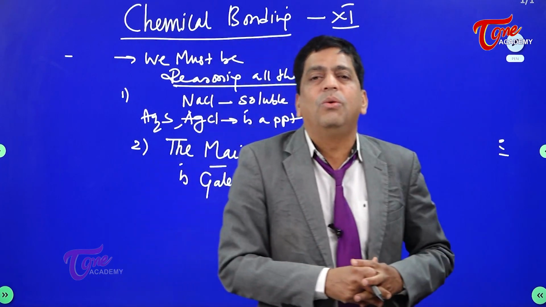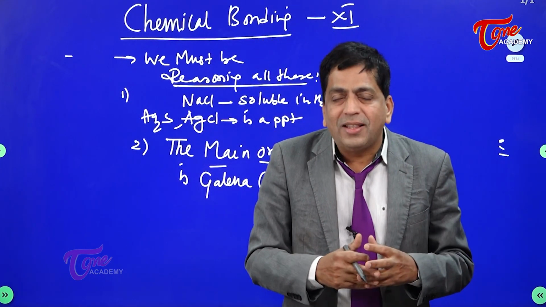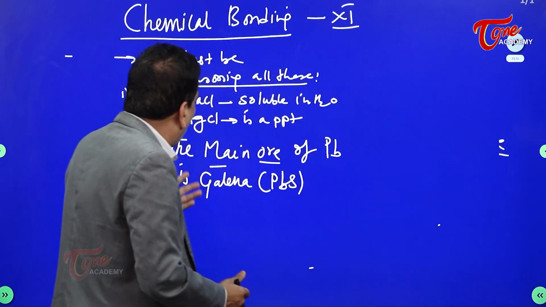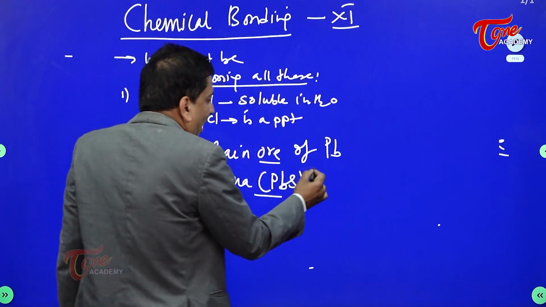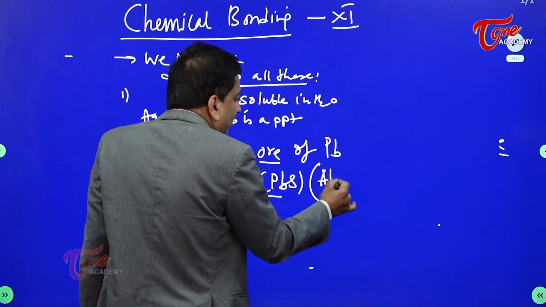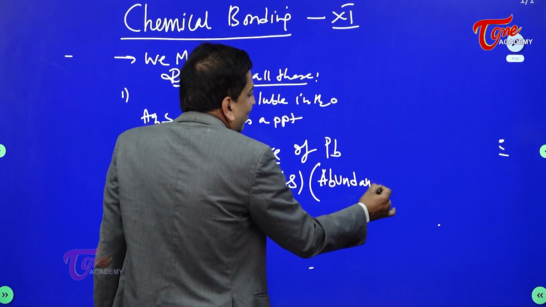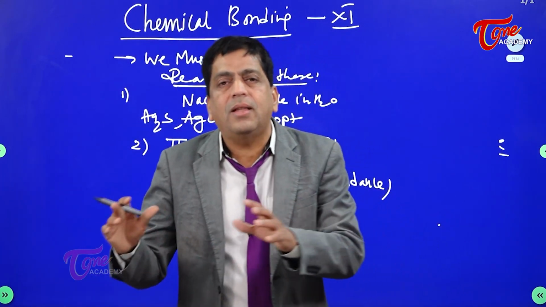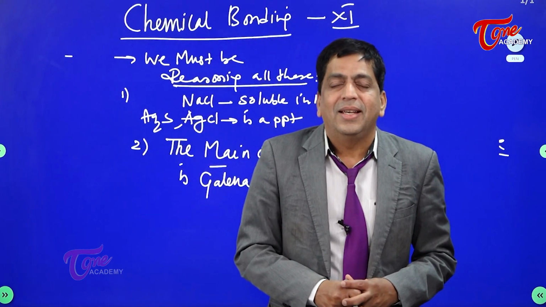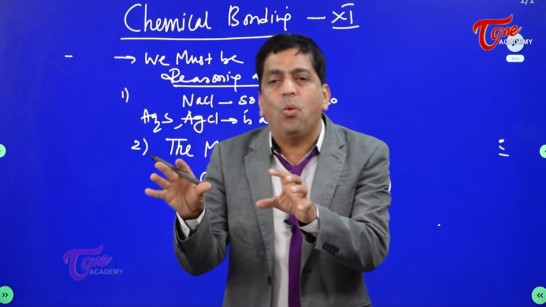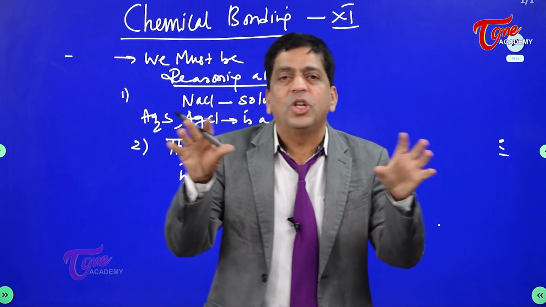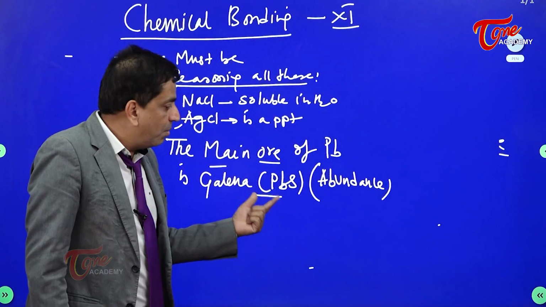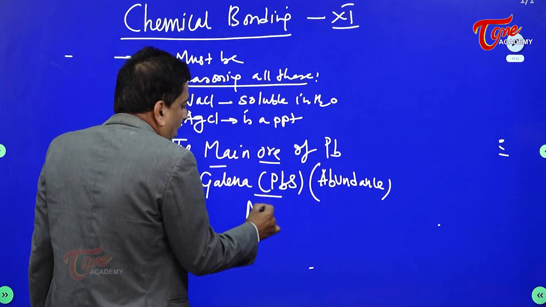If you dig the entire surface of the earth, galena is found more. If you compare galena versus litharge, that is PbS versus PbO, more abundant is PbS, not litharge.